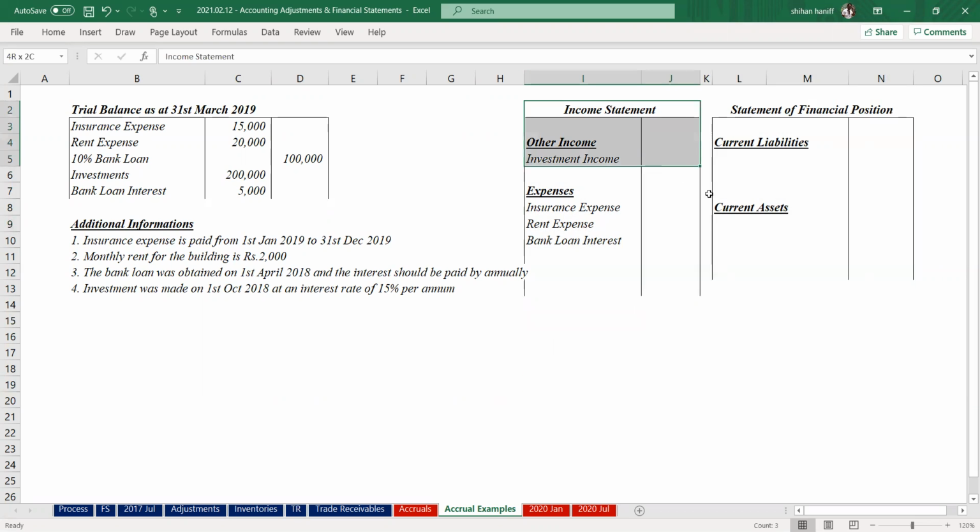So can you complete the income statement and SOFP for this? I'll give 5 minutes for you to do this. After that, I'll explain.